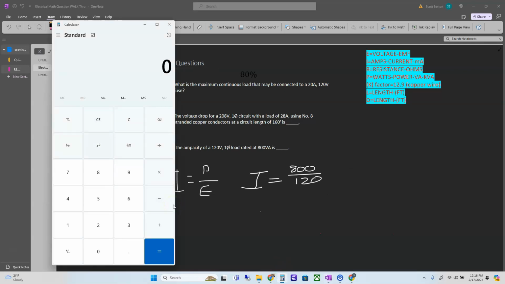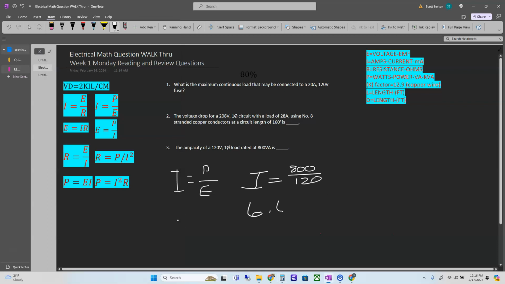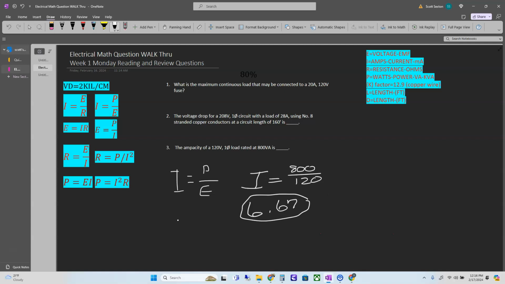Let's clear this out. 800 divided by 120 equals 6.666. I don't even like that number, but 6.67 is your answer. Everybody see that? That's going to be your amperage. In the end, the ampacity of a 120 volt single phase rated load is 6.67 amps.